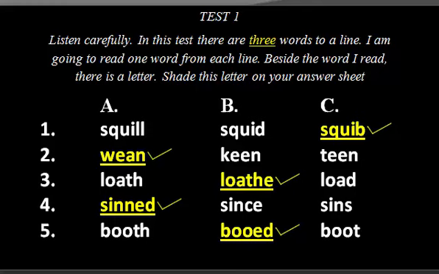Now, looking at the next word on the line, since. The word ending there was CE, and this remains the same. Nothing changes in this word. Finally, in the last word on this line, you have an NS ending. Usually, when NS ends a word, the S produces a Z sound. So therefore, the word is pronounced sins.